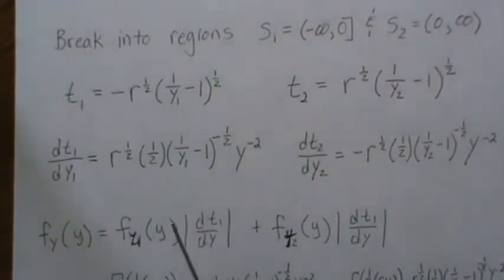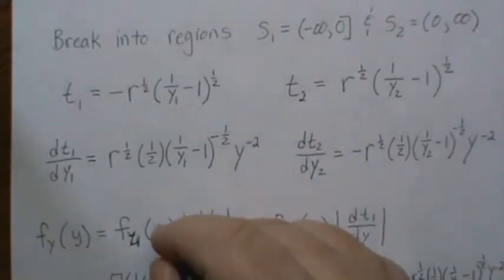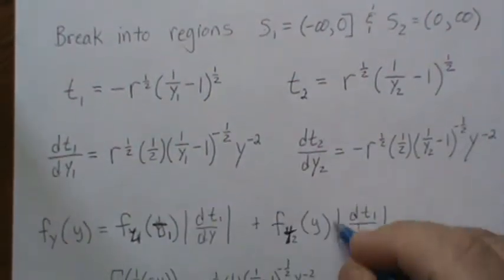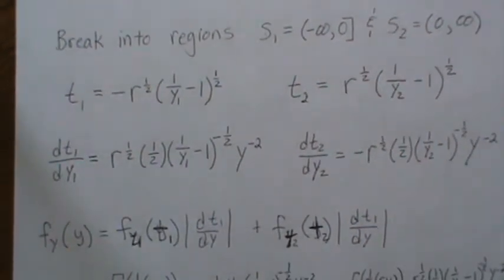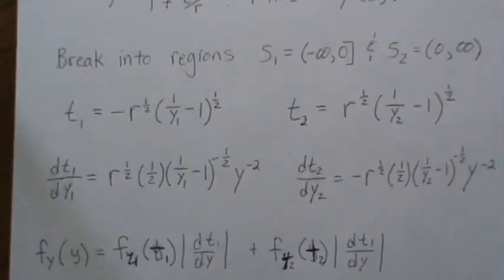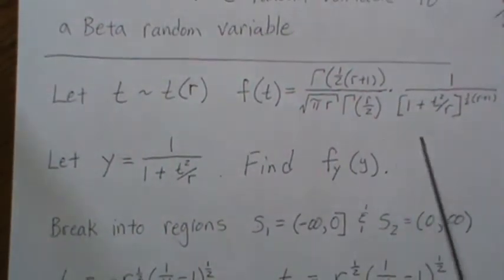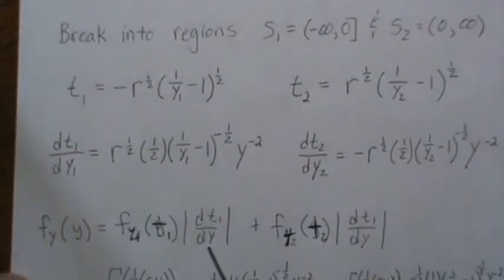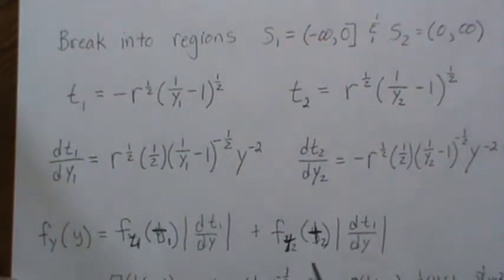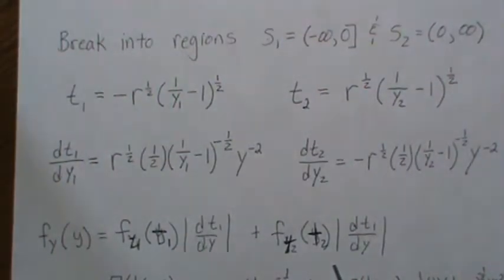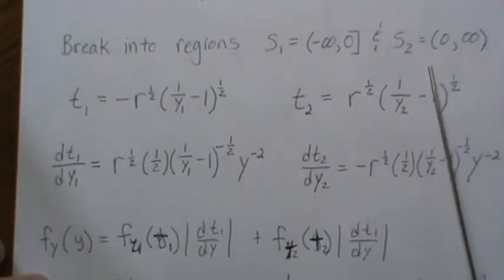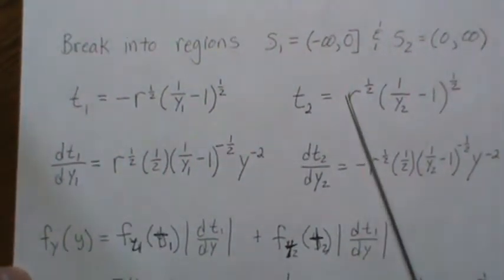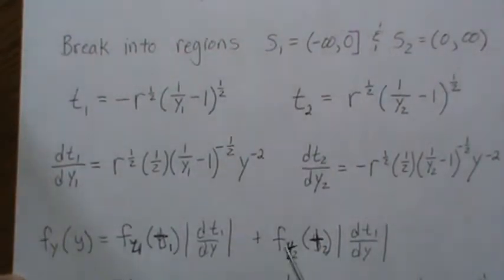So we plug in T1, and then we plug in T2, which is this up here, into our density. And this density, the t density, is this. And then you take it times the absolute value of these derivatives in the respective regions. And since each of these regions is mapped to the same region, we add them when we're trying to find the distribution of y.